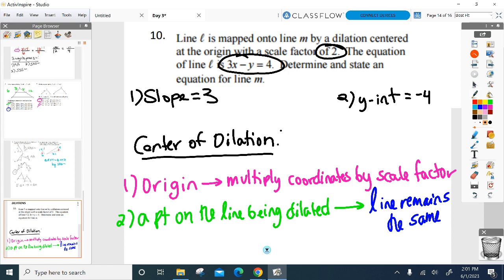Multiply by the scale factor. So my new y-intercept, -8. Put the 2 together. Y equals 3x minus 8.